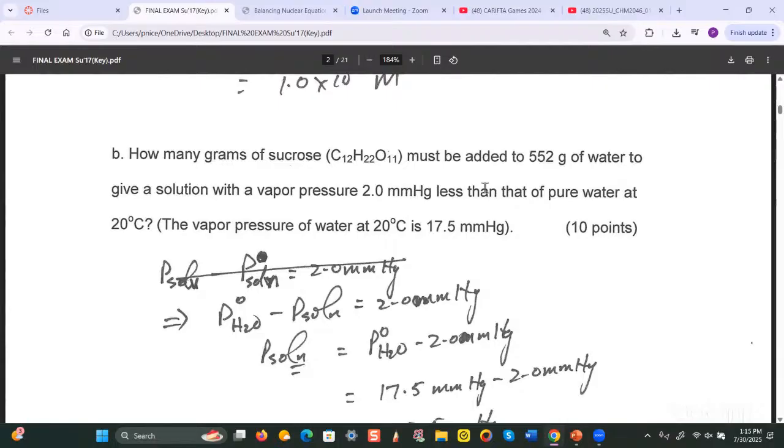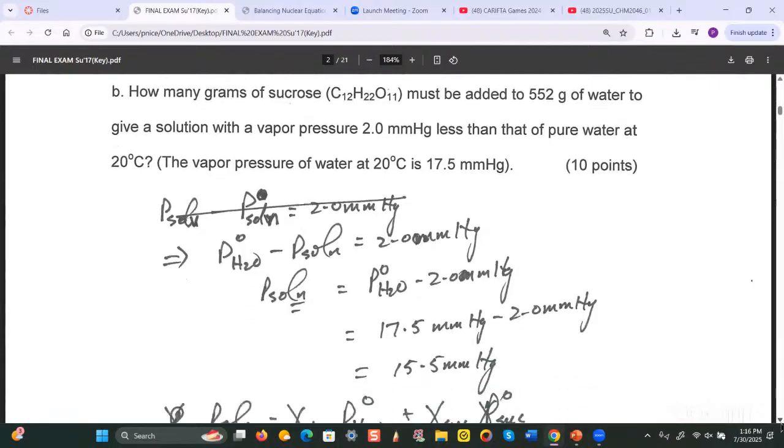So the question says that the vapor pressure of the solution would be 2 millimeters mercury less than that of pure water. To find the vapor pressure of the solution, that would be equal to the vapor pressure of water minus 2.0 millimeters mercury. That gives you 15.5 millimeters mercury.